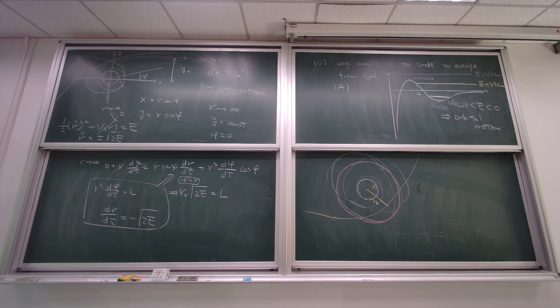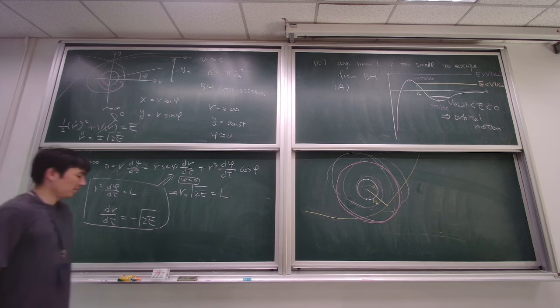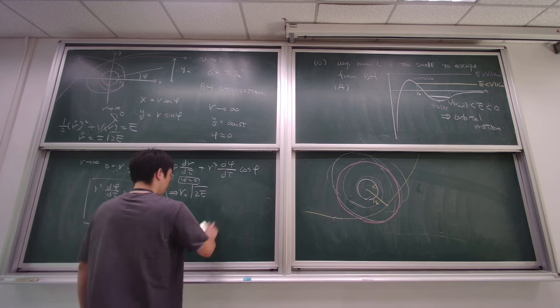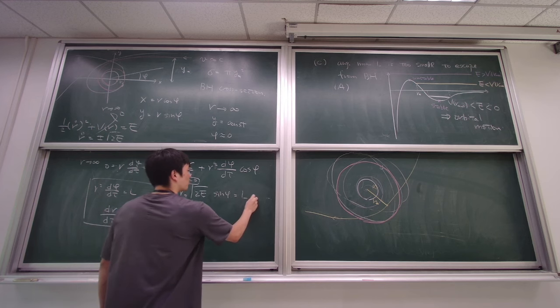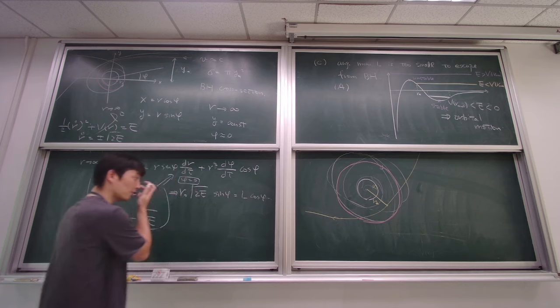I think I'm cheating here. Sorry, this is sine phi should be L times cosine phi. I think that should be the case.